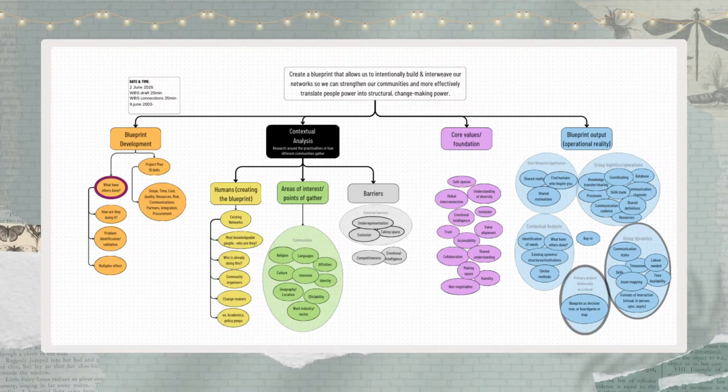Okay. And probably there will be a couple of areas, one toward types of values, and another that is about the community values, like for example collaboration, shared understanding.